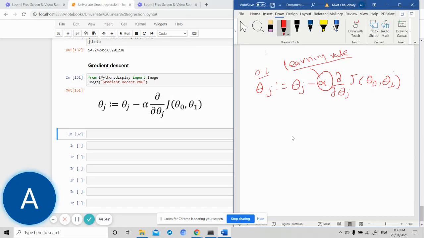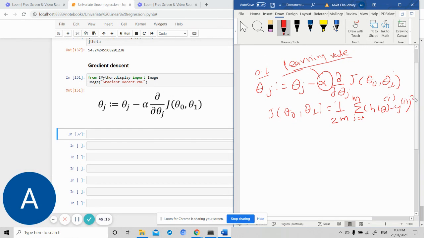It's the minimum step that we take to run a model. That's our learning rate. So we know J of theta naught comma theta 1 is 1 by 2m sigma i equals 1 to m h of theta of i minus y of i, whole square.